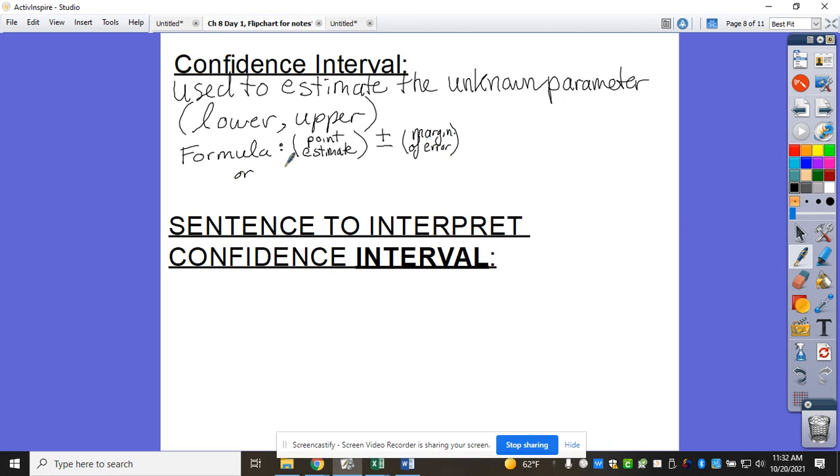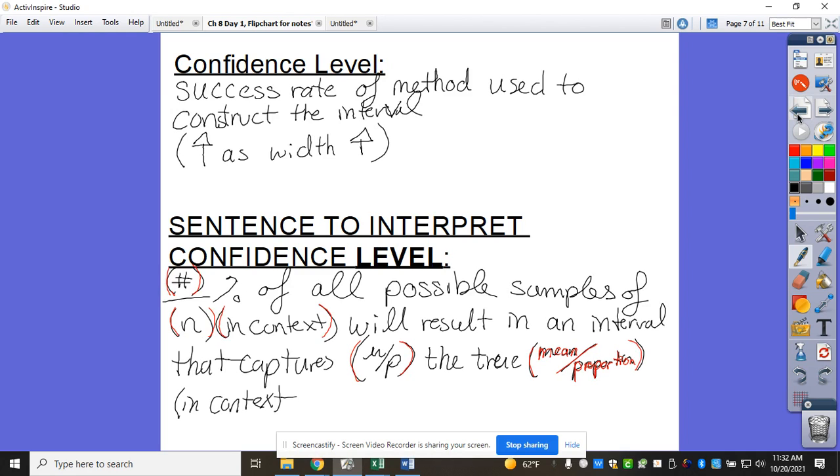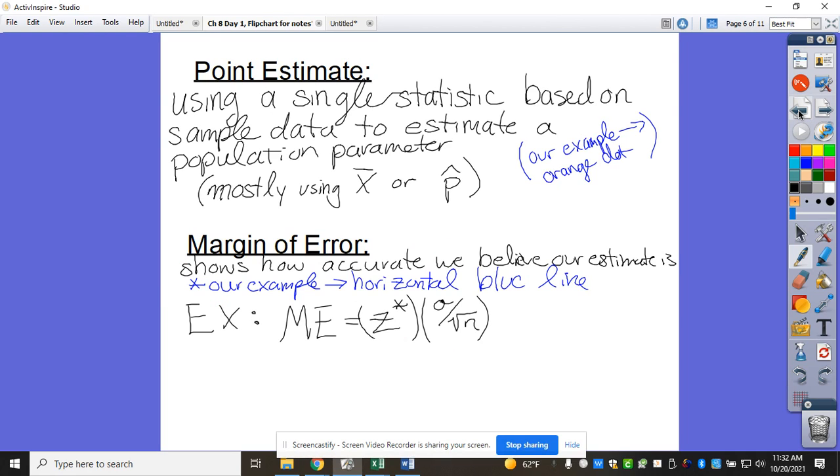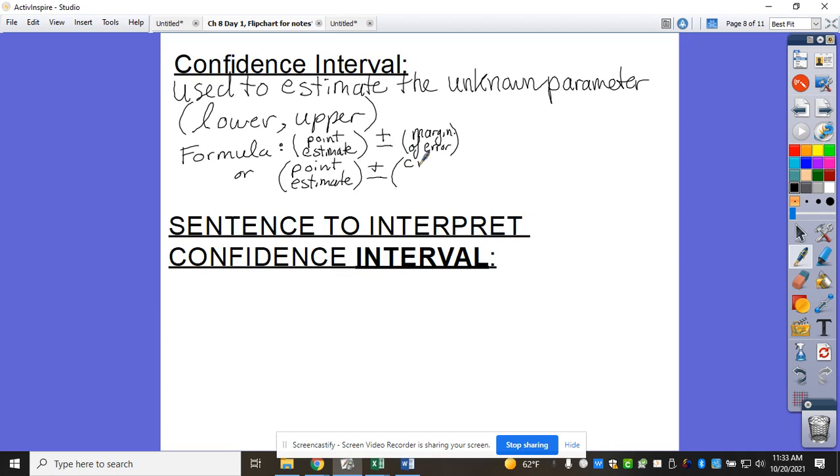Which we can break down if we wanted to. How do you find your margin of error? Your z-score times sigma over square root of n. Okay, so let's be very generic here. I'm going to tell you that the z star is called a critical value. I'm going to write z star right now.